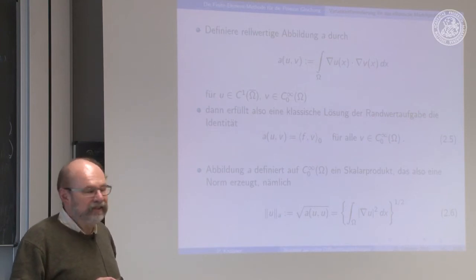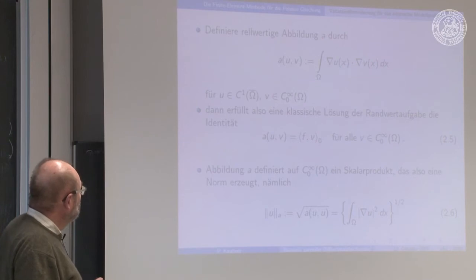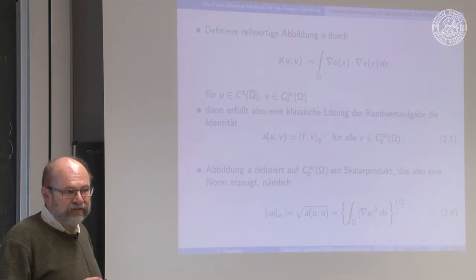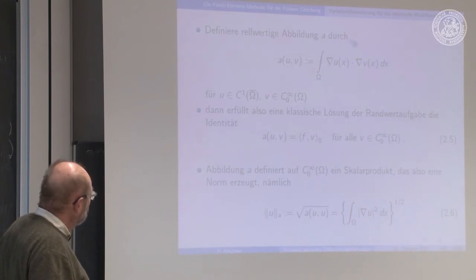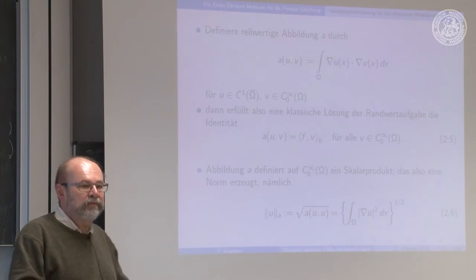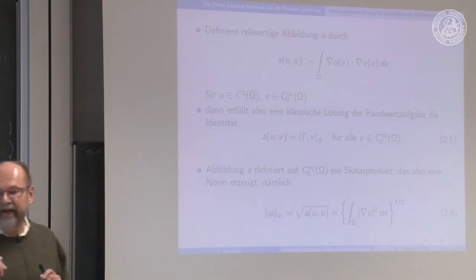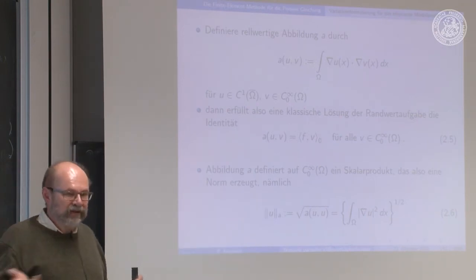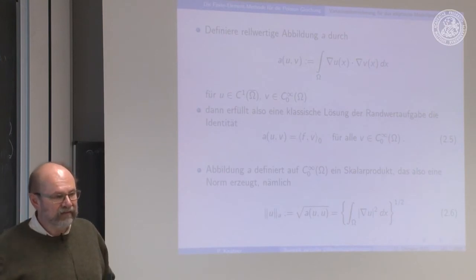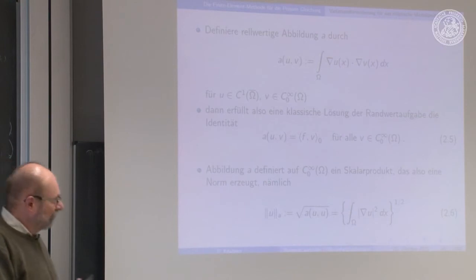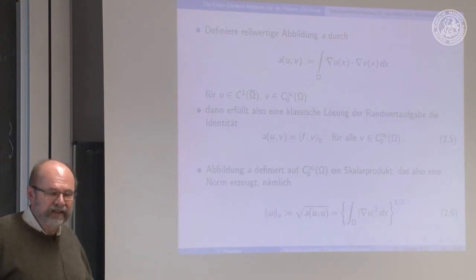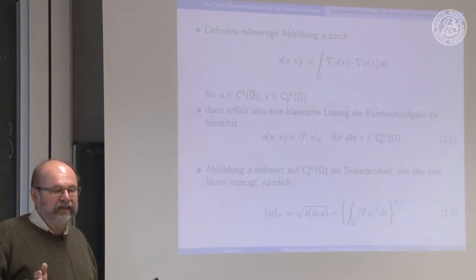And this is easy to argue because here we are really in a situation of continuous functions. So if the gradient of u in Euclidean norm squared would be positive, it would be positive in a small area around this point. We could bound it from below by a positive number, then we could also bound the integral from below by a positive number, opposite to the assumption that the integral is 0. Then the gradient of u is 0.